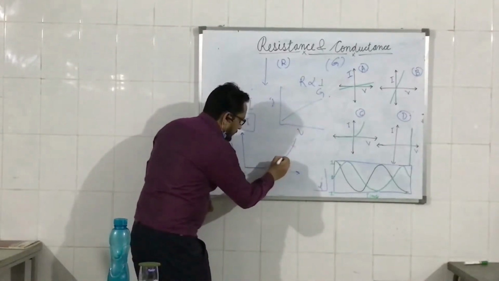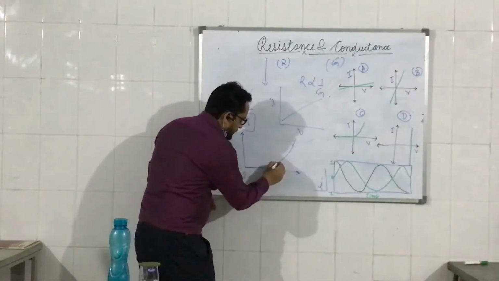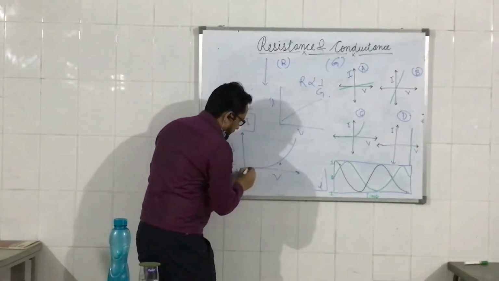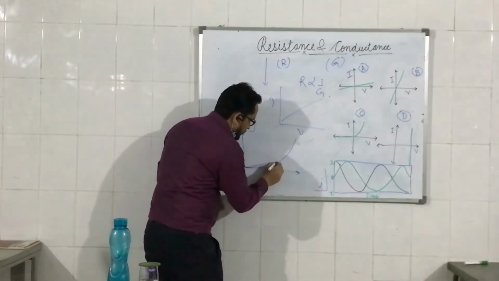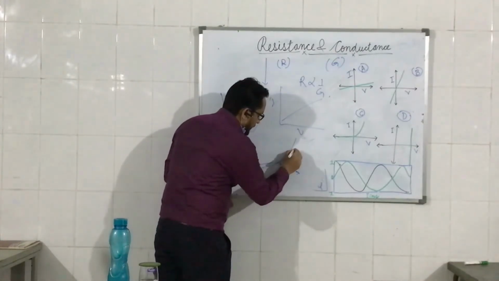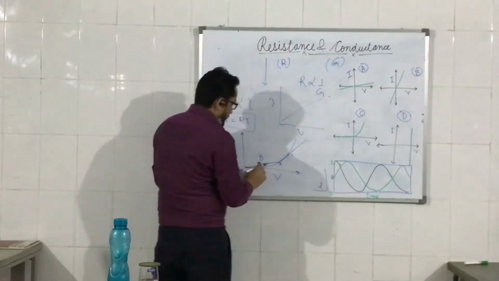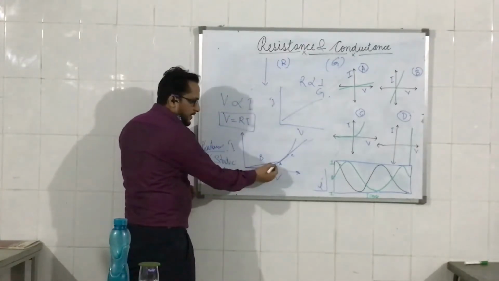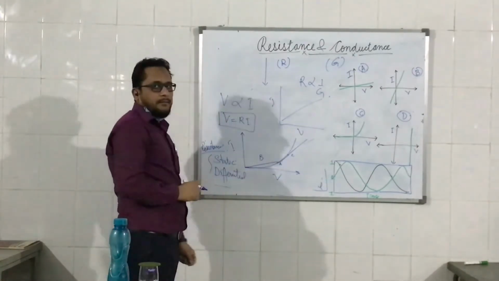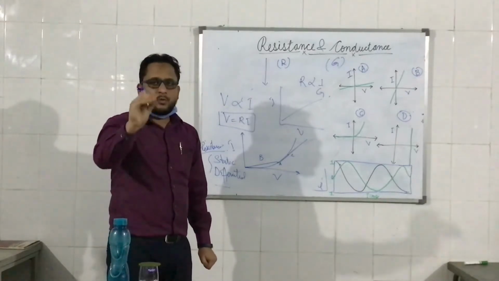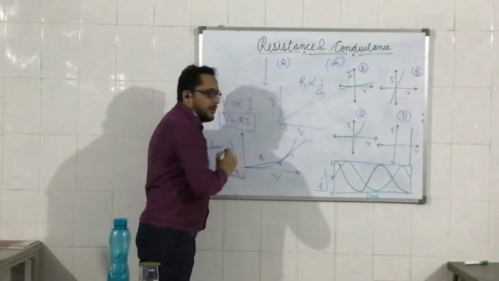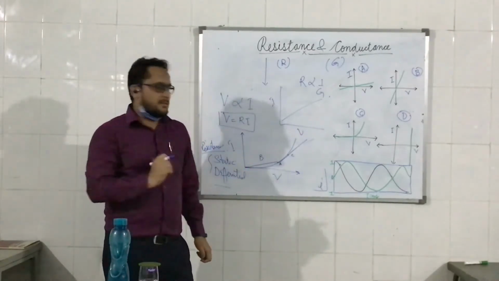So, this is point A, so from here to point A and then point A to this tangent C, the inverse of the slope of this line along point B is equal to the static resistance.